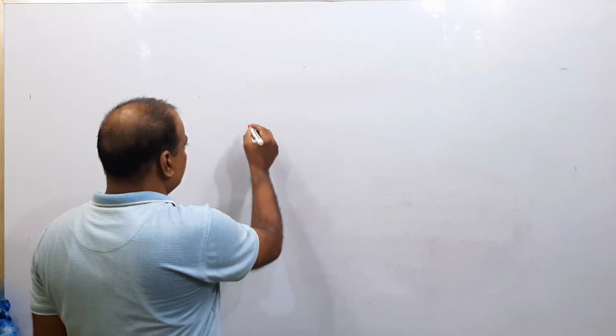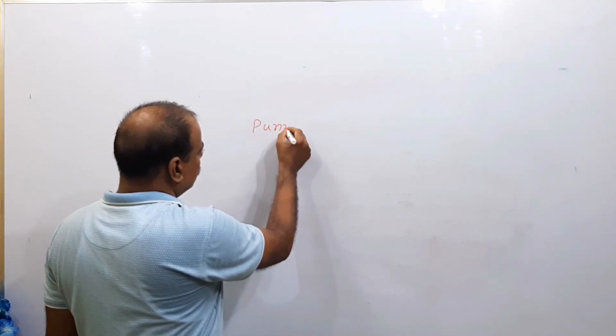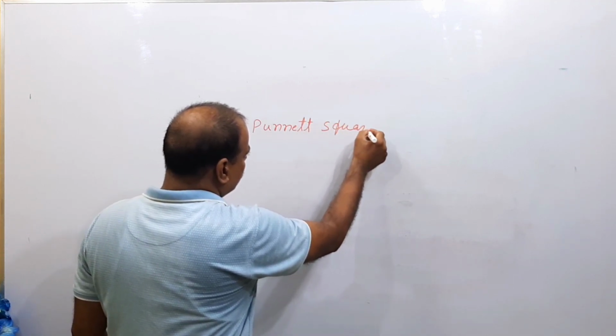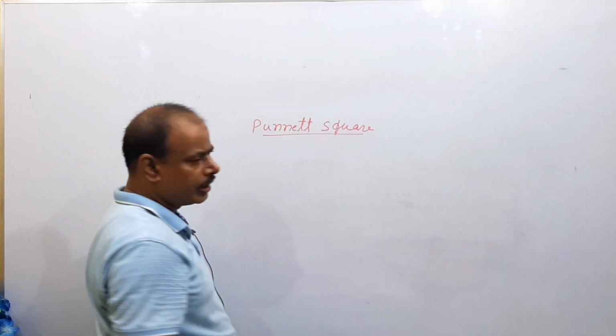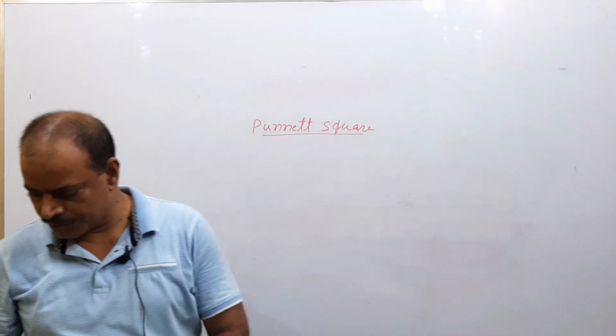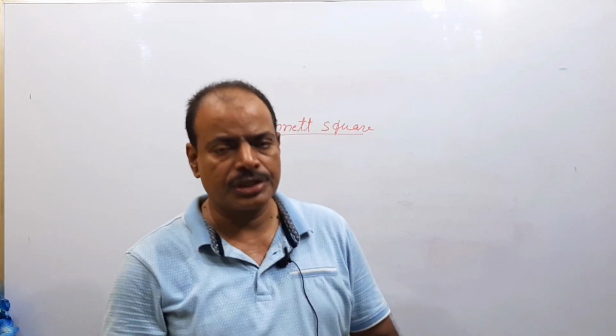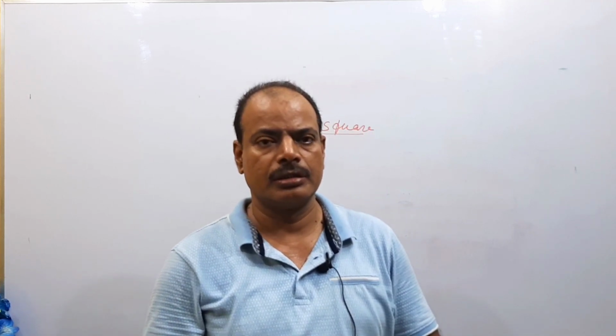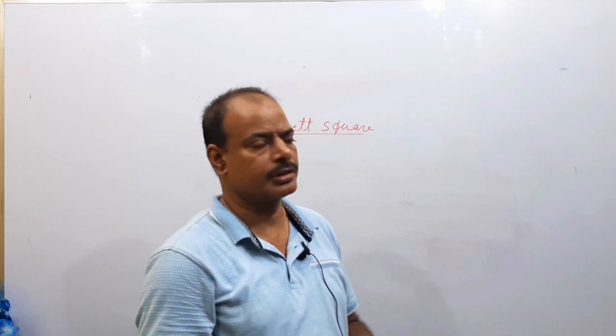Now, Punnett square. Punnett square is the structure in which in a big square, 4 subsquares are present for a monohybrid cross and 16 subsquares are present for a dihybrid cross.